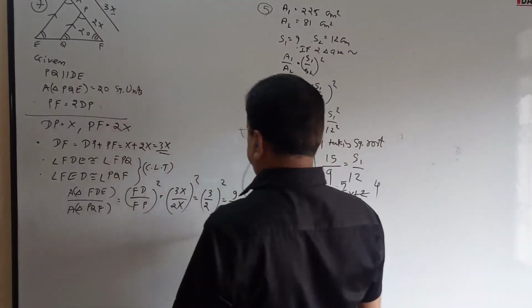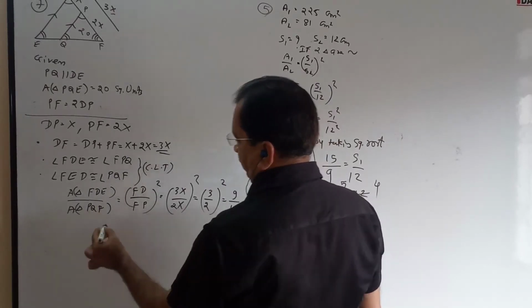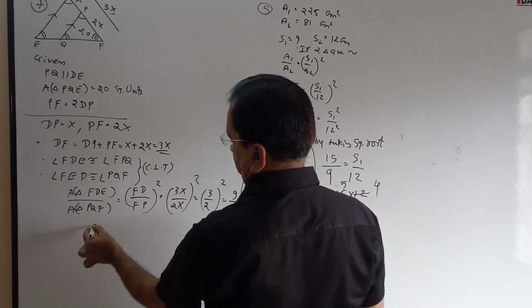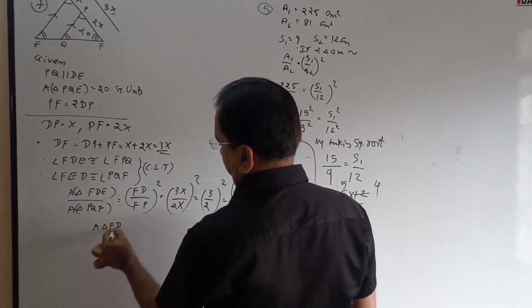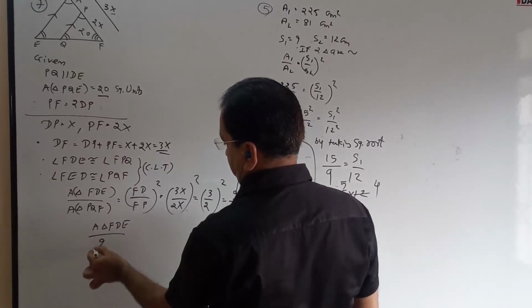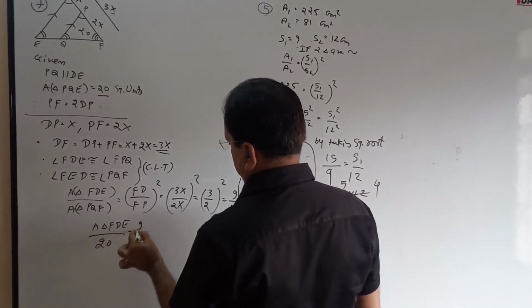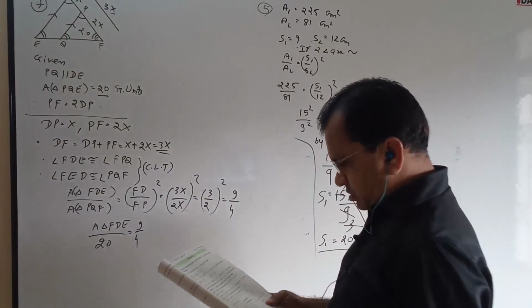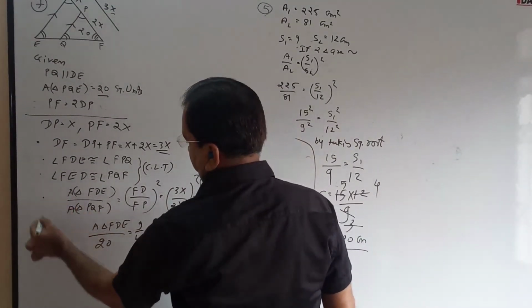But out of that, one area is given. So area of triangle FDE divided by this area is given. This is an activity question.